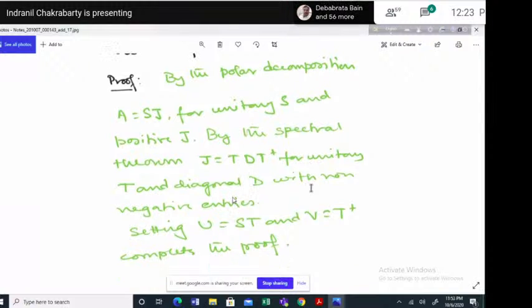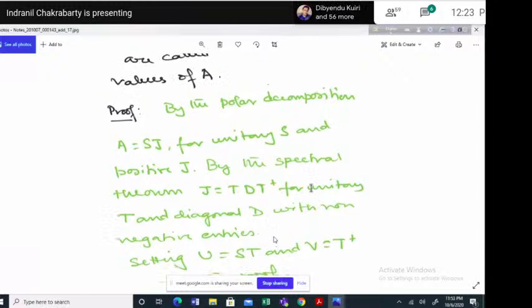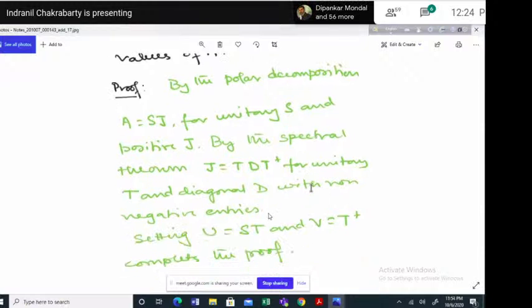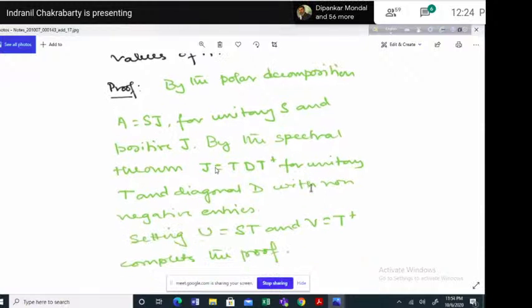If that is the case, we can easily see that if you plug in J as TDT dagger, it becomes STDT dagger.